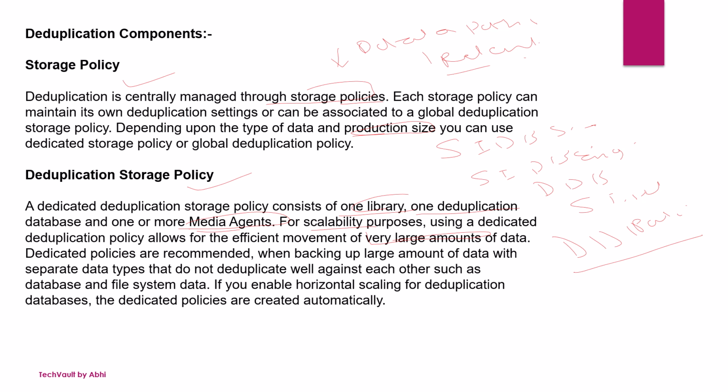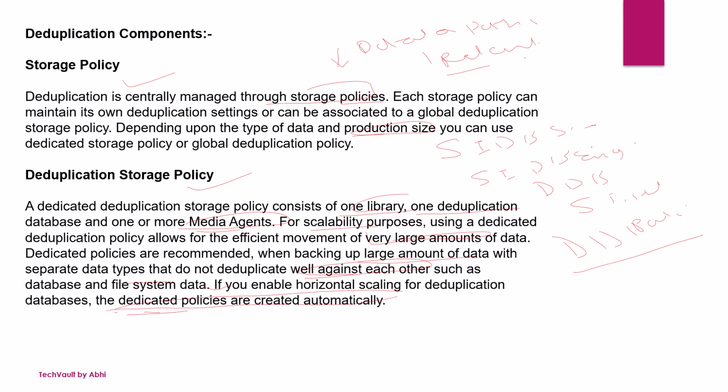Okay, when backing up a large amount of data with separate data types that do not deduplicate well against each other, I mean within a family, such as database or the file system, if you enable horizontal scaling for applications, this is the important part: the dedicated policies are created automatically.